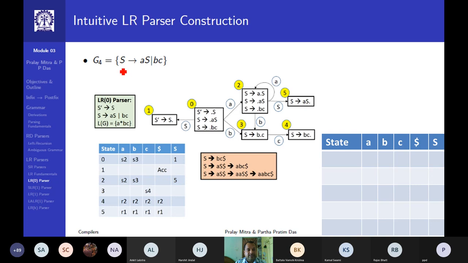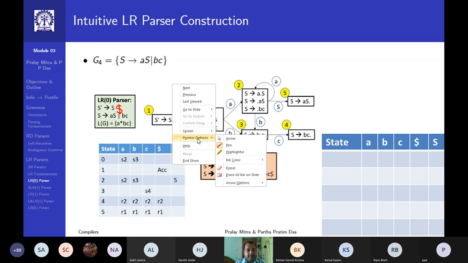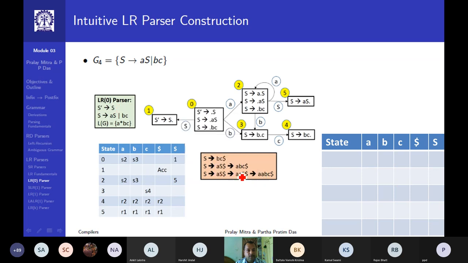Again, for this particular grammar, I am augmenting this by S prime derives S, and you understand that $1 is there at the end of this S. That is one of the main purposes for having this augmented grammar, or one extra production rule.